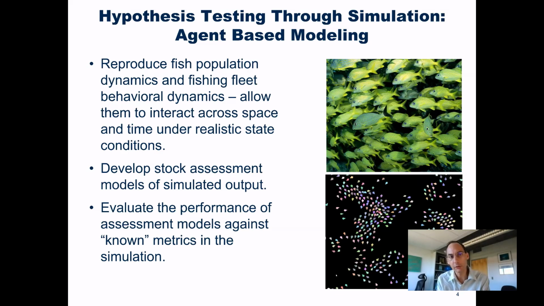So to explore this question a bit, I developed an agent-based model. I'm not going to really sell folks on agent-based modeling in this presentation for the sake of time, but the idea is to reproduce fish population dynamics and the behavioral dynamics of the fishing fleet, allow these entities to interact across space and time under realistic state conditions, and then write out the data that explains the status of the natural state in the simulation, as well as the data from the simulated fisheries, put that data into stock assessment and see what happens.